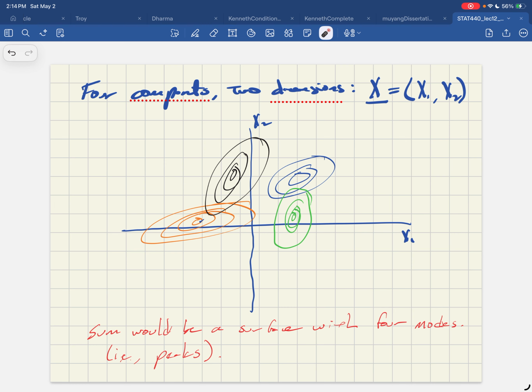And what you can imagine is that if we wrote this distribution down, it would be really easy to draw from it. We would basically need to do something that would allow us to choose between four choices with probabilities pi 1, pi 2, pi 3, pi 4.